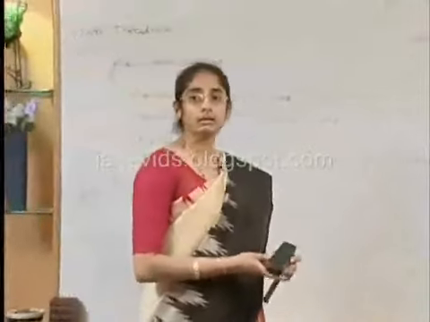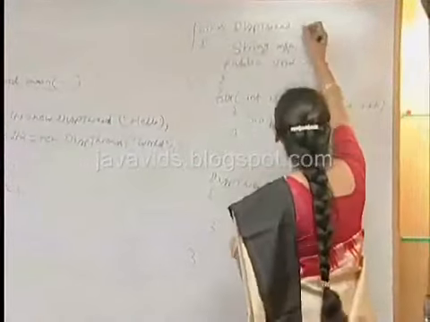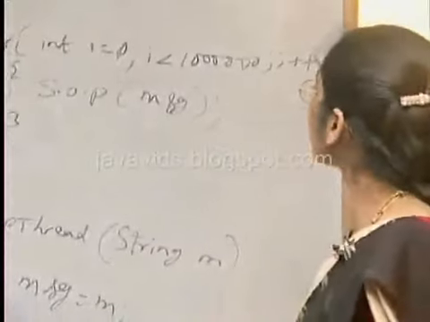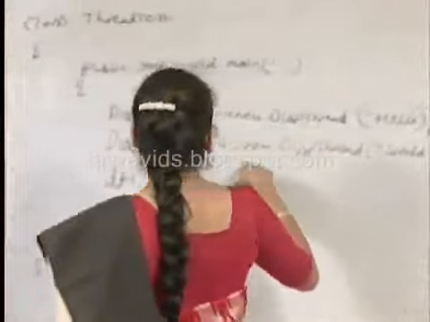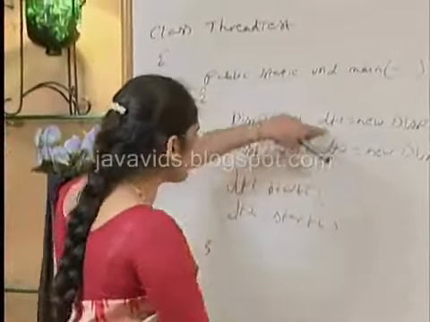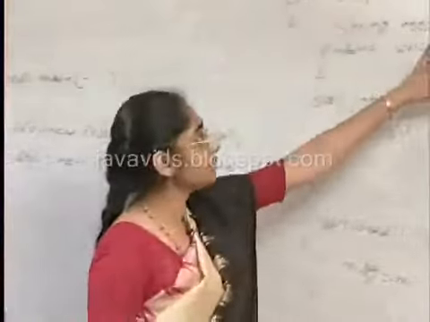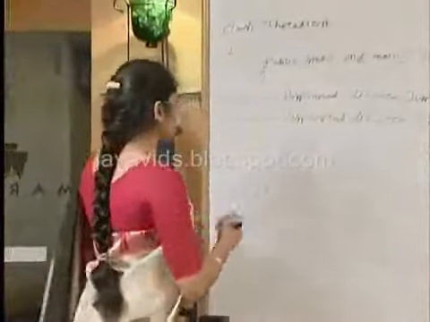Now let's take a look at the second methodology. The second methodology says, take a class, implement it with the runnable interface, implement the run method, create the instance of the class. When you create the instance of a class, what type of an object do you get? You get a runnable object. You don't have a thread object. You need to create a thread object. So create the thread object.